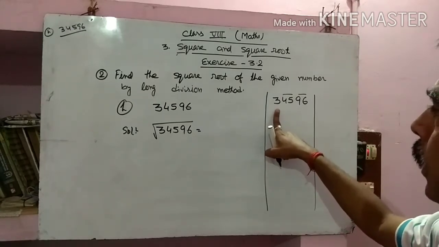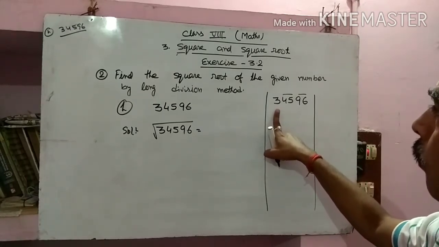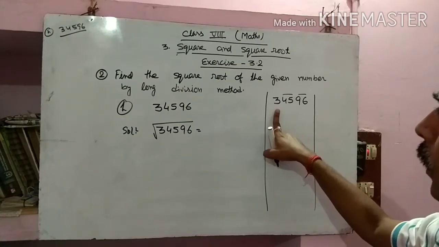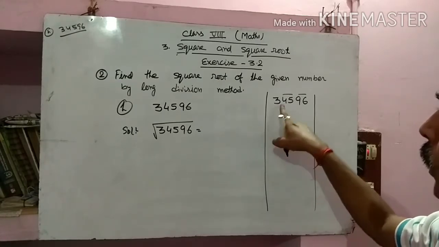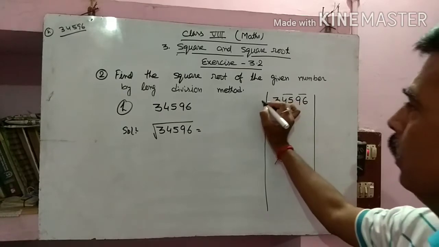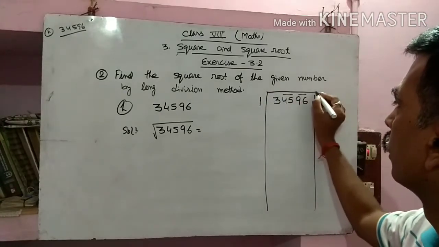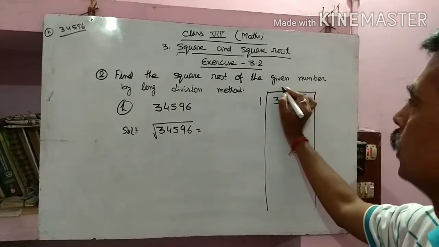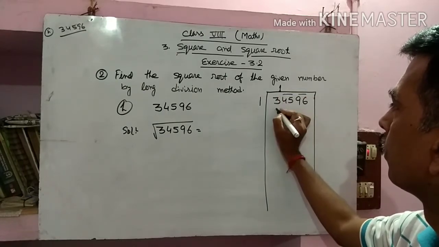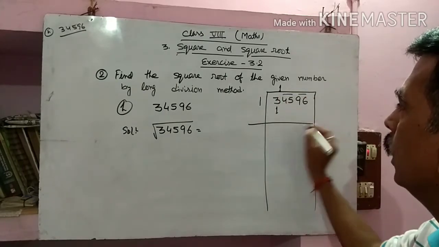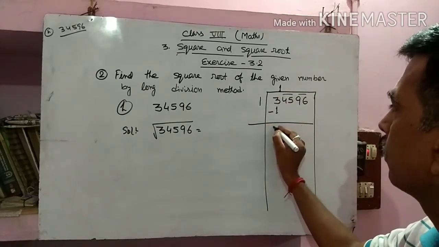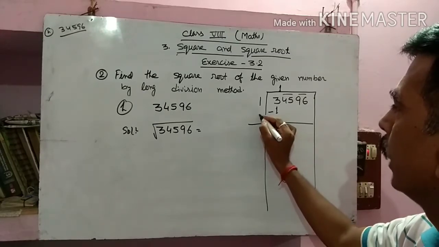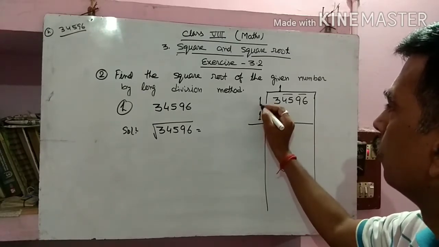If we read the table, 1 into 1 becomes 1 and 2 into 2 becomes 4, which is more than 3. That is why we are multiplying 1 into 1, so it becomes 1. By subtracting that, what will we get? 2. And this one is going to be combined with this one.